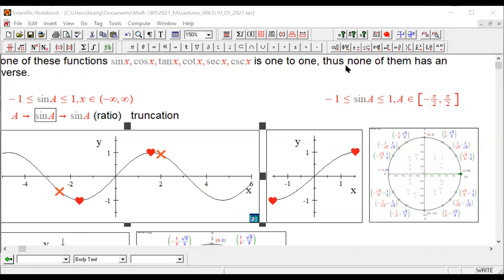What does that mean on the unit circle here? The angle can still be measured from the same position. You can either measure this way. You cannot go over there.